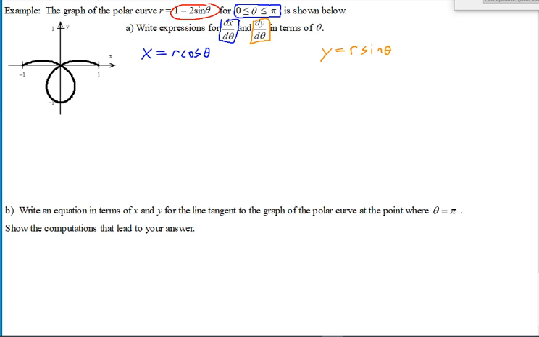So we need to convert these to be in terms of just x and theta to get dx d theta, and then for this one just y and theta. So we substitute our specific r right here. So here x would equal 1 minus 2 sine theta times cosine theta.